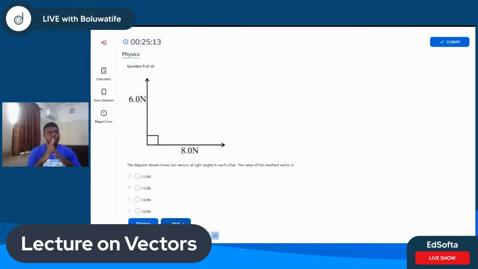For example, 3, 4, 5. They are Pythagorean triples. 5 has to be the hypotenuse, then 3 and 4 interchangeably can be the opposite or adjacent.